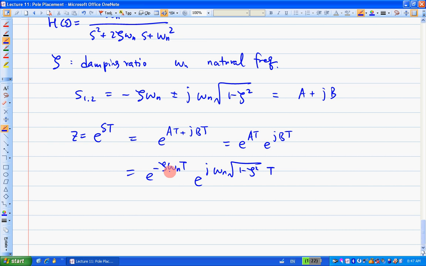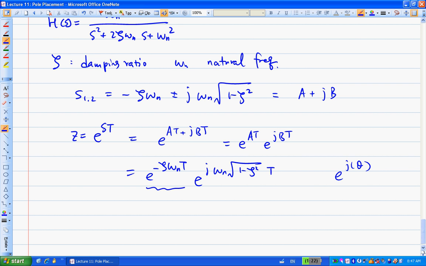If you look at this, the first factor is a real number, and it's positive. The second one is e to the power of j something, that's basically e to the power of j theta.